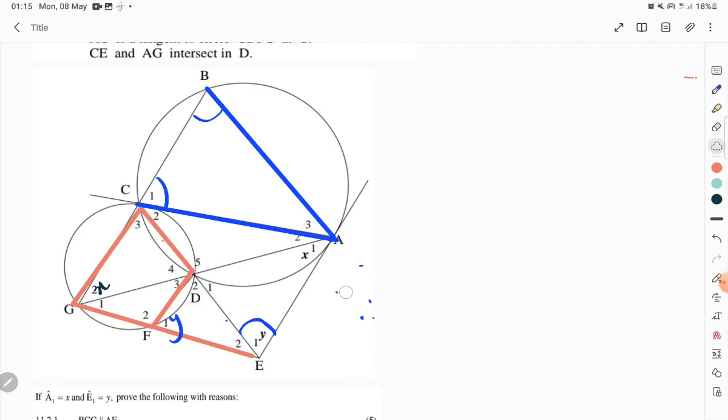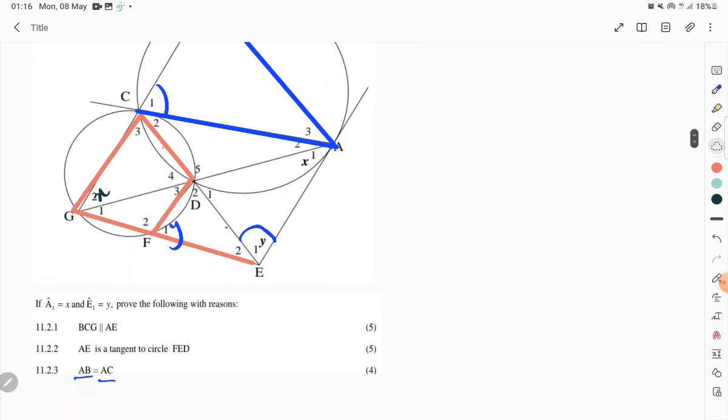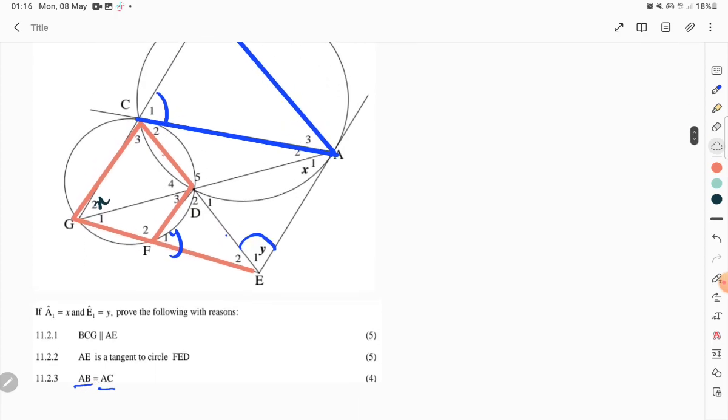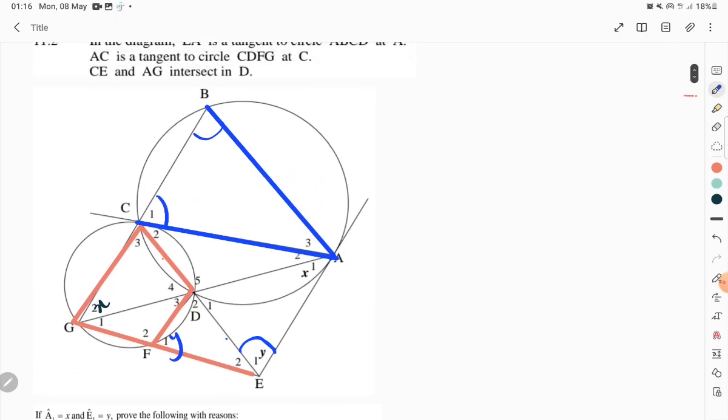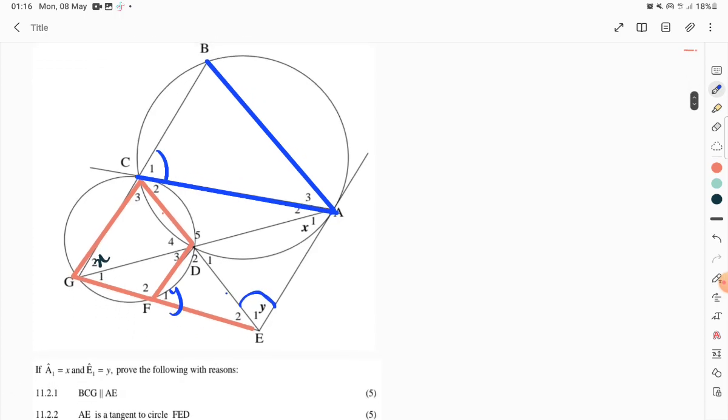So we have this information. How do we find AB equal to AC? It is when C1 is equal to that angle. If these angles are equal to each other, then these lines will also be equal. So the base angles of this isosceles triangle, if it was given to be isosceles. So how can they be equal?